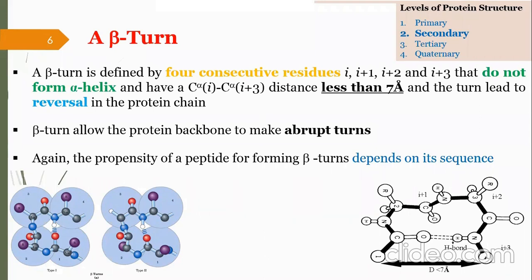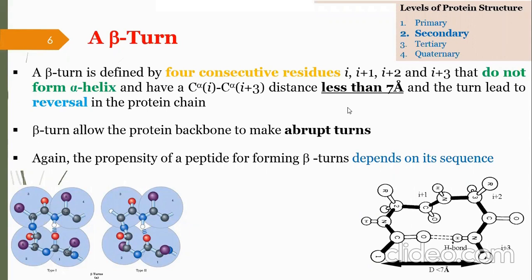Sir, please explain the word propensity. It means how we would know whether a sequence will turn into a beta turn, beta sheets, or an alpha helix. On what does this conformation depend? The secondary structure formation depends on the primary structure.